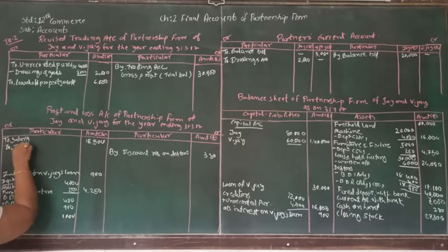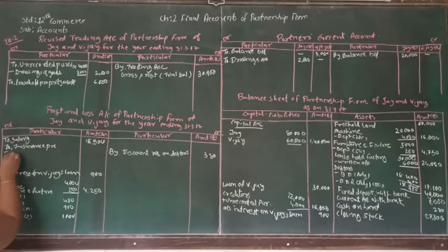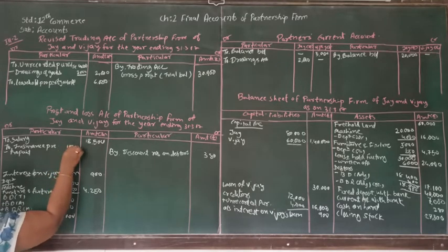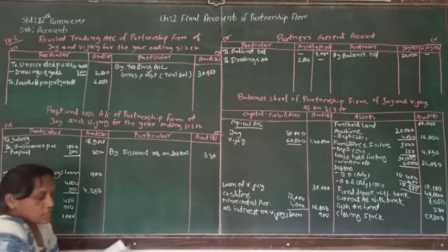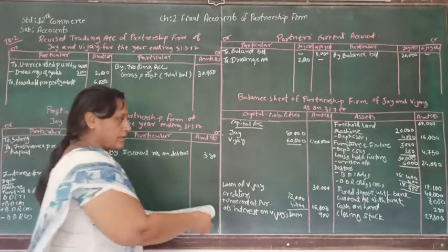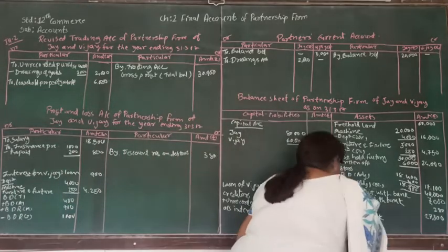In the insurance premium, there is adjustment number 1, that is prepaid insurance premium. So prepaid is supposed to be deducted. The insurance premium amount is 1,000 minus 200. Net amount 800. And this prepaid insurance premium is supposed to be written on the asset side.